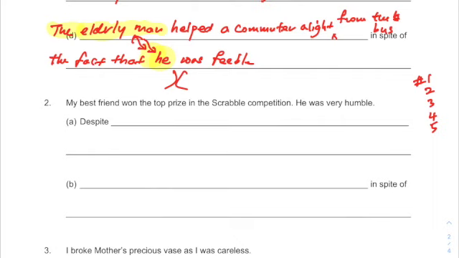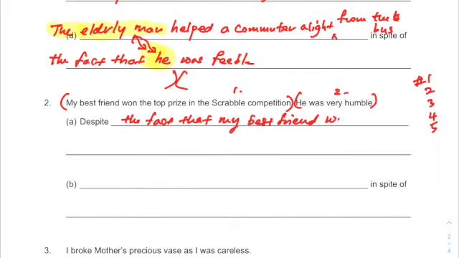So the next question, I'm going to use the fact that. So this is going to be first, and then this is going to be second. So despite the fact that my best friend won the top prize in the Scrabble competition, and take note, Scrabble here is capital S, because if you don't do that, you lose a mark.